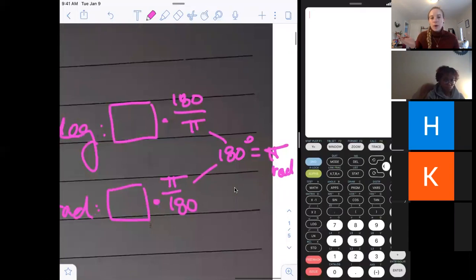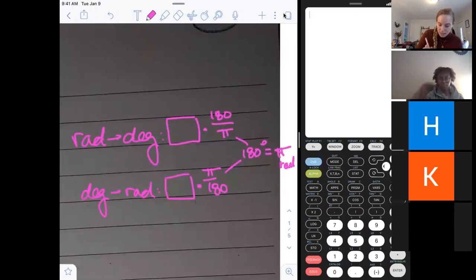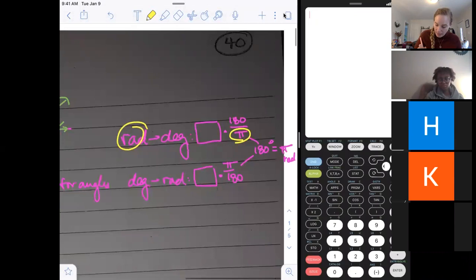So if you know 180 is the same thing as pi radians, that can help you know the conversion factor. A radian always has pi in it. To get rid of the pi in them, we divide by pi so those cancel out. We're going to come back to these in a second.